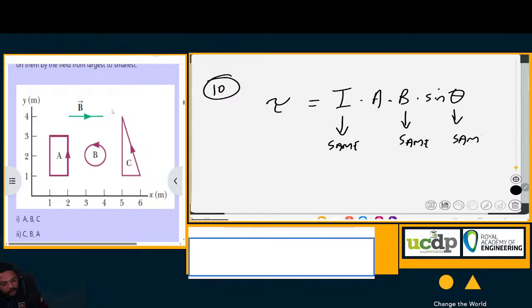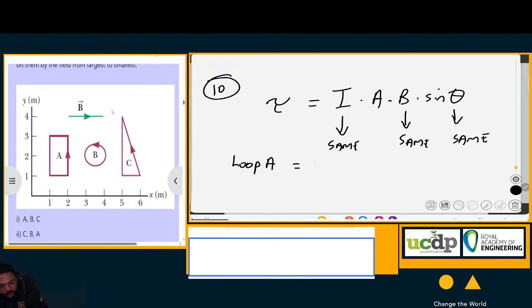So basically, the only thing that is different for all three of them is the cross-sectional area. So the one with the highest area will have the highest torque.